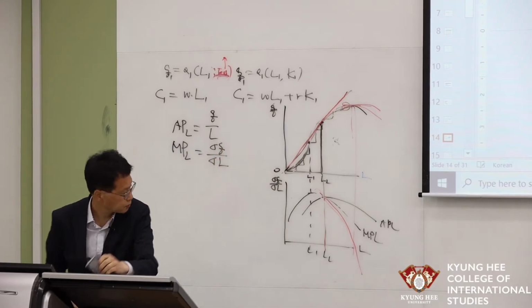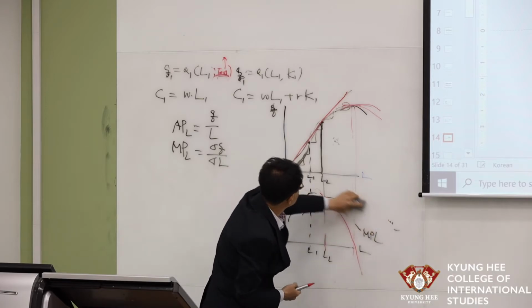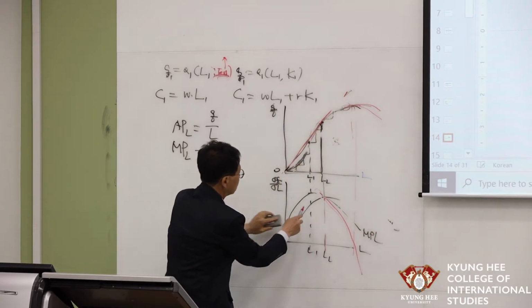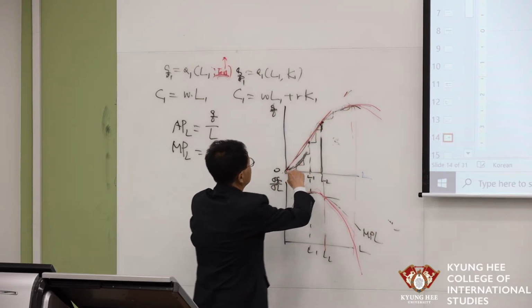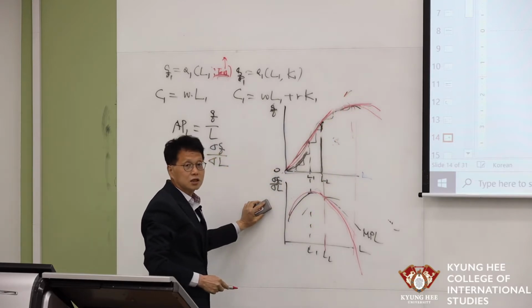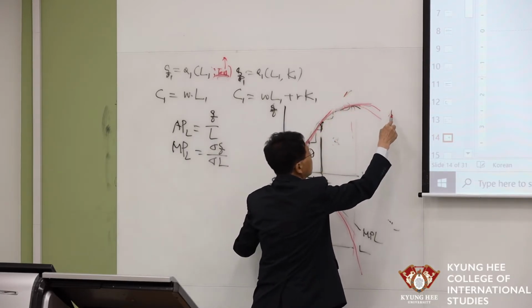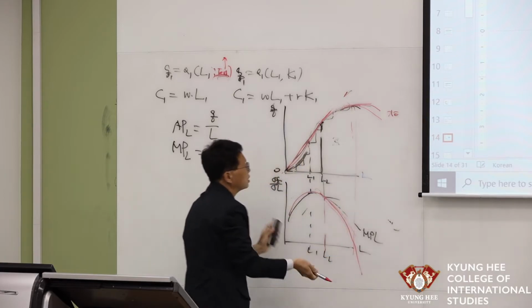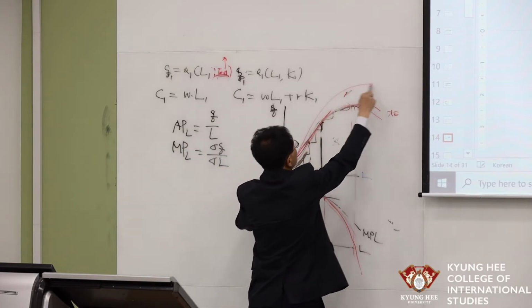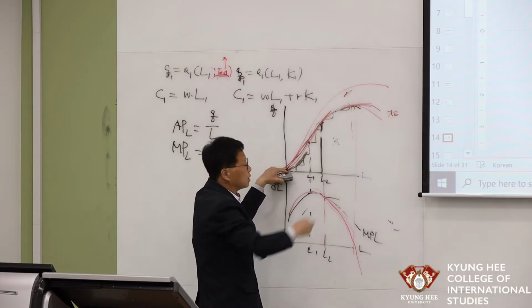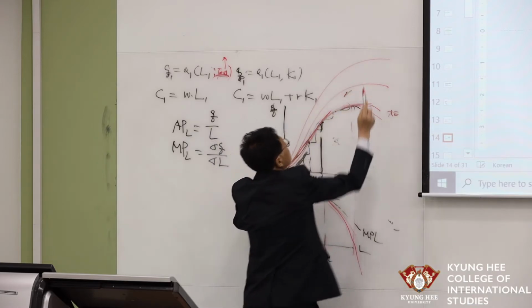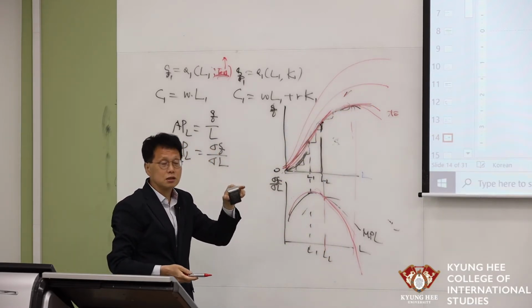So in this graph, marginal product of labor is like this, right? Total production function is like this. When the technological level is T0, and technology improves, the production function is shaped like this. Technology increases again, and the production function shifts like this. Then what happens?